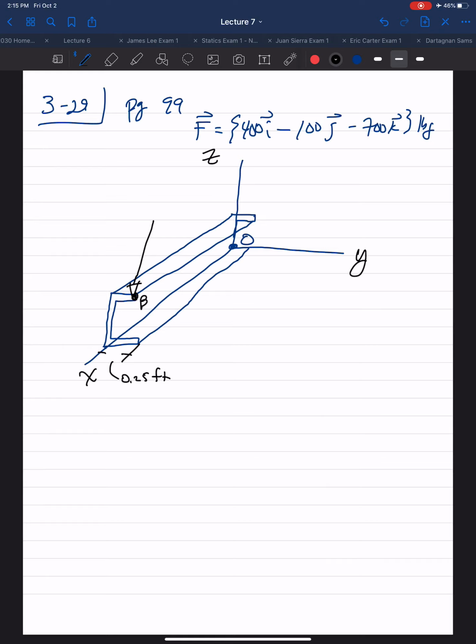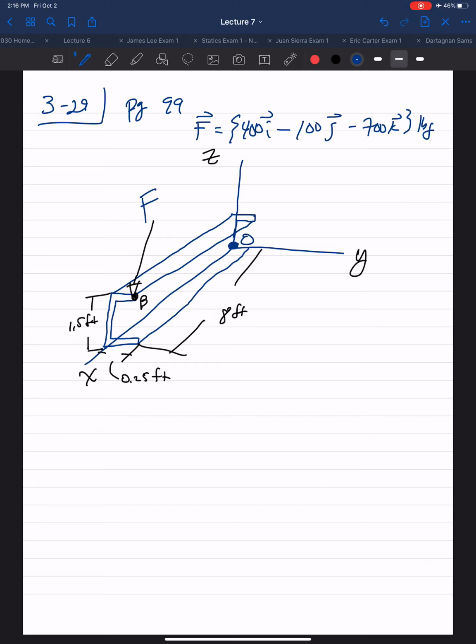You give you this vertical distance in the z direction here as 1.5 feet. And the length here of the beam is given to us as 8 feet. And the question asks us to determine the moment of this force F, given to us 400i minus 100j minus 700k about the point O here.